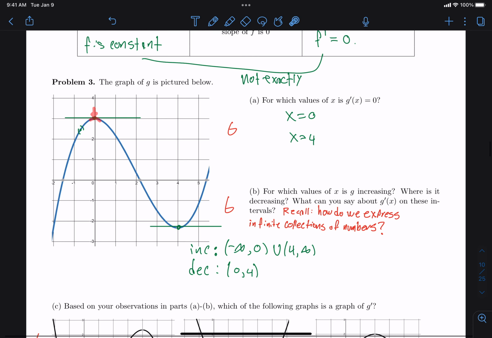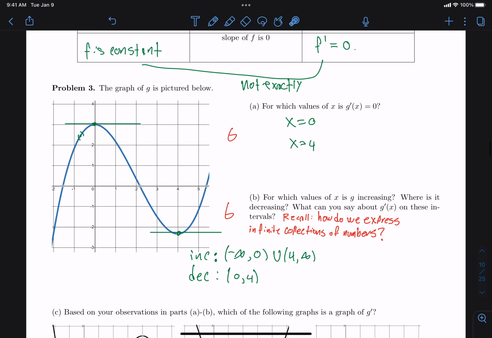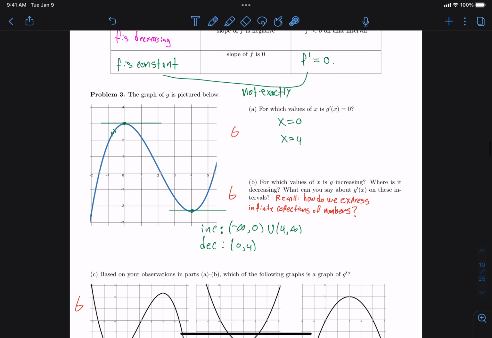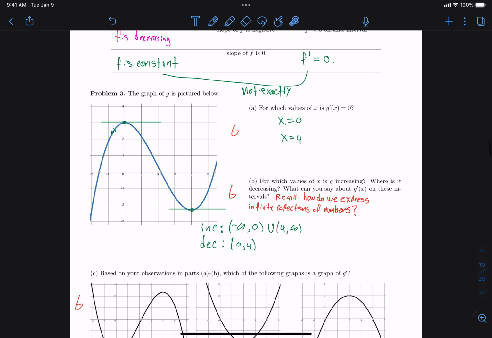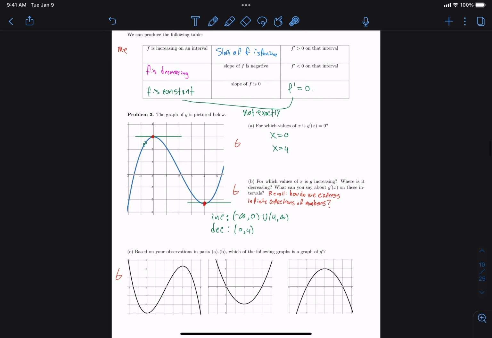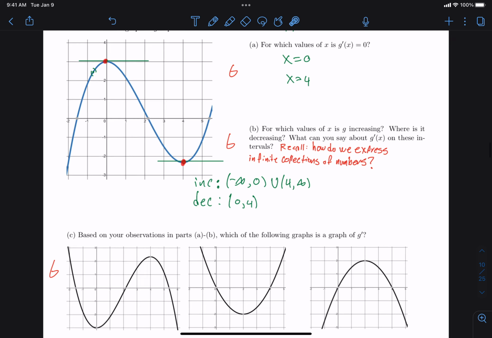So it's just a little bit of a nitpicky thing, but we're definitely not increasing at that point, and we're definitely not decreasing at that point. So it just turns out that that's not a trichotomy of situations. You can be neither increasing nor decreasing nor constant at a point, and that's what's happening at maximum and minimum here.